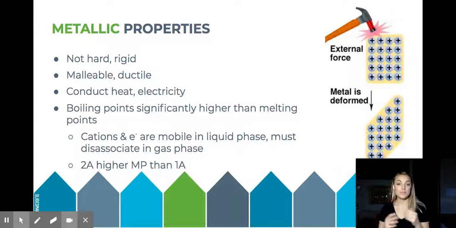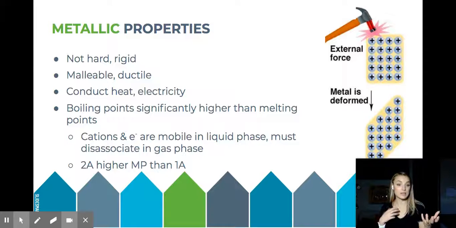So if we look at the picture on the right, we can see that when we apply some sort of external force, because of the electron sea model, because we have these cations existing in a structured pattern with electrons flowing freely around them, it's very easy for us to bend or dent any sort of metal rather than break it.